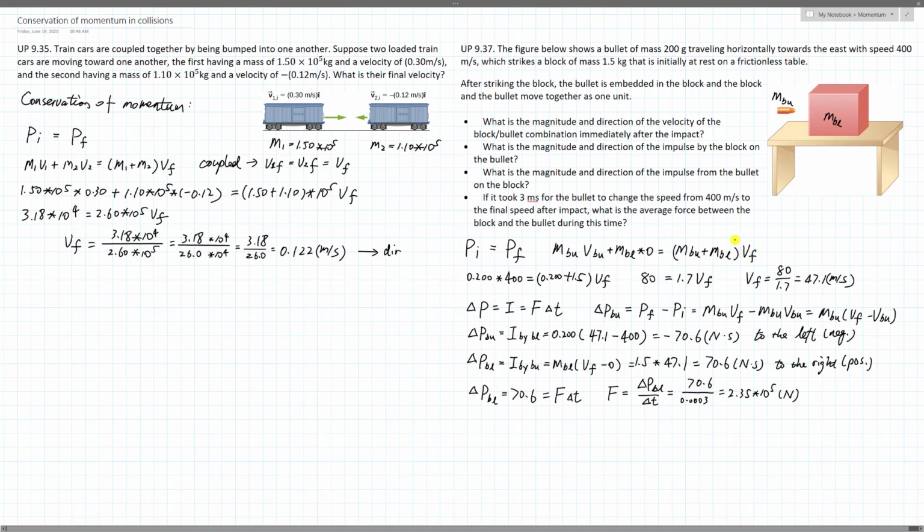For example, if this lock fails and they just bounce off each other, then they won't be moving at the same speed after the collision. And also, if the block was not very thick and the bullet penetrates through it, then it would still be moving faster than the block, so it wouldn't be the same exact final speed. Then we'll have to use two terms for the final momentum, one for each, because they don't share speeds anymore. Thank you.